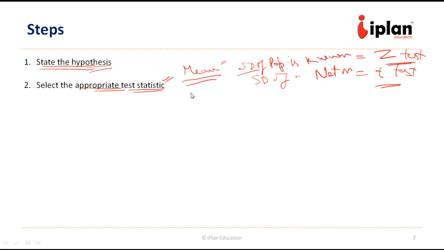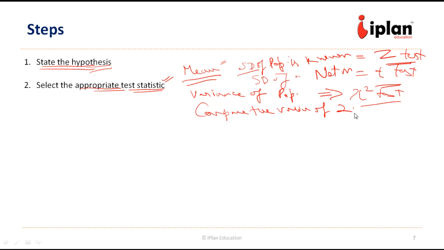If we want to comment about, say, the variance of the population, then we use the chi-square test. If we want to compare the variance of two populations, then we use the f-test.